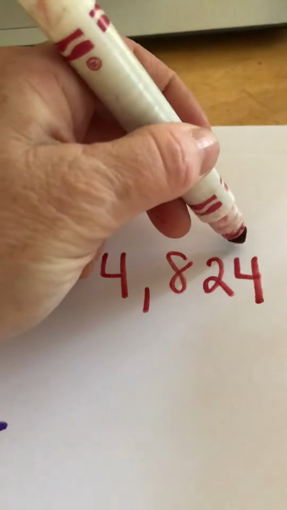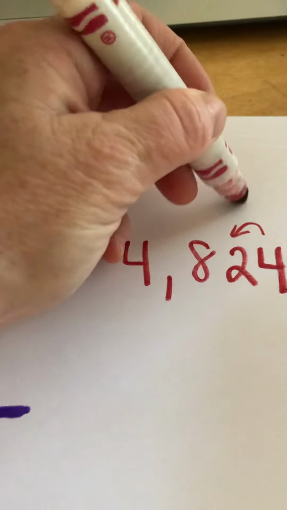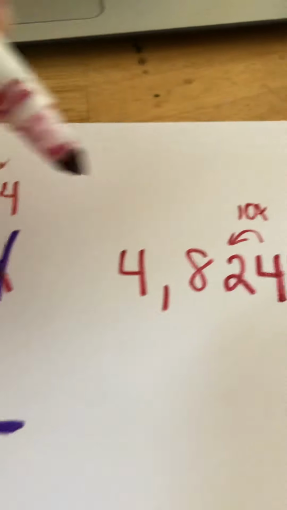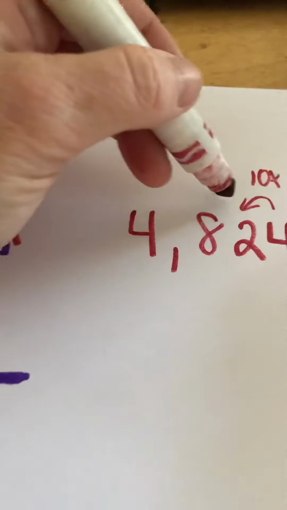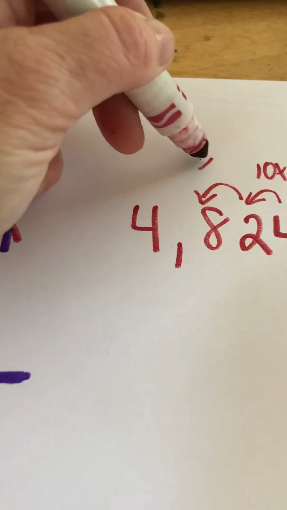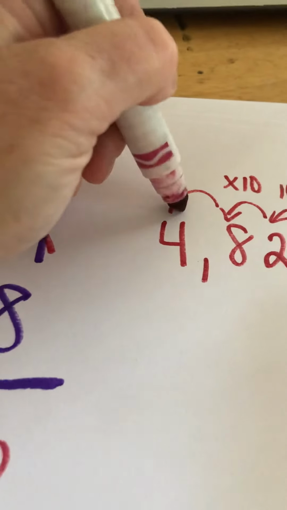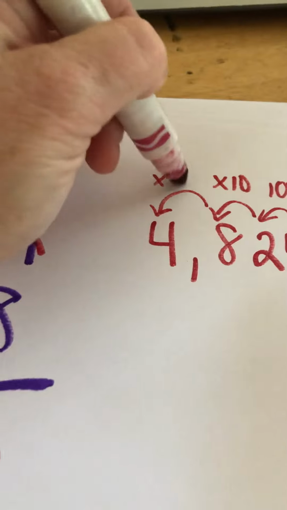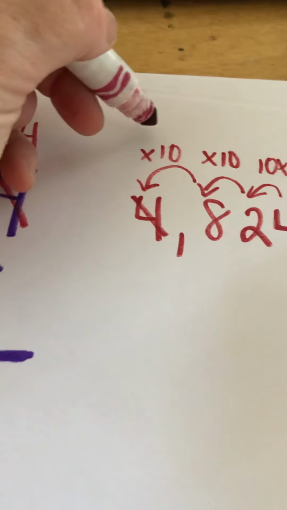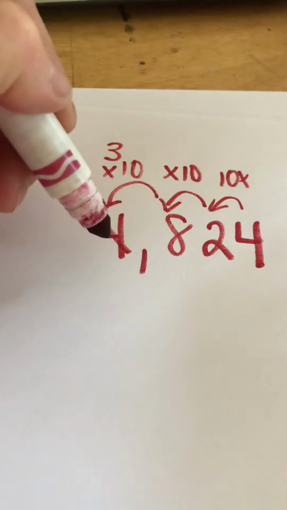Because all you have to remember is that the place value to the left is always 10 times bigger than the one to the right. And it doesn't matter how big you go. Every time you borrow, you take 1 and it gives you 10.